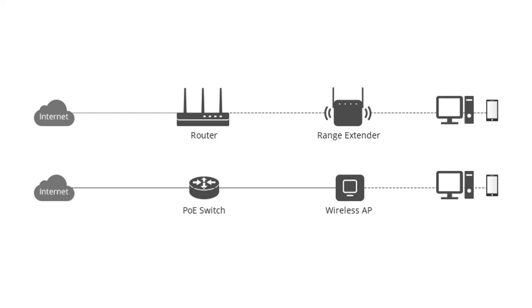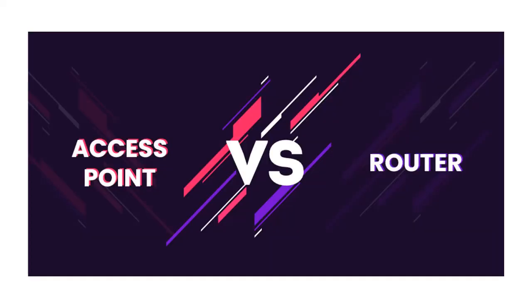And another difference is that Wi-Fi routers will have a WAN port or internet port. A WAN or internet port is where you would plug in a network cable coming in from your modem, and this is what gives your Wi-Fi router an internet connection so it can pass it on to other devices.